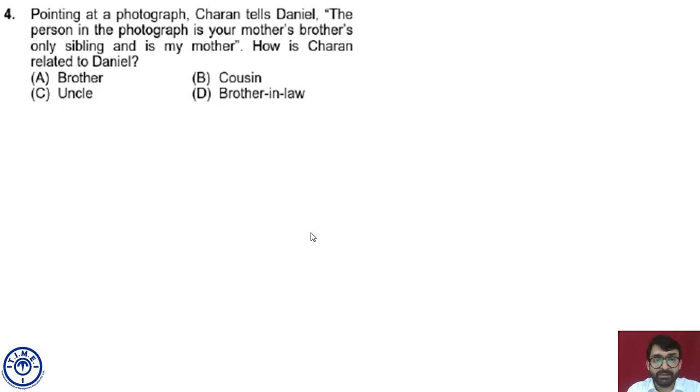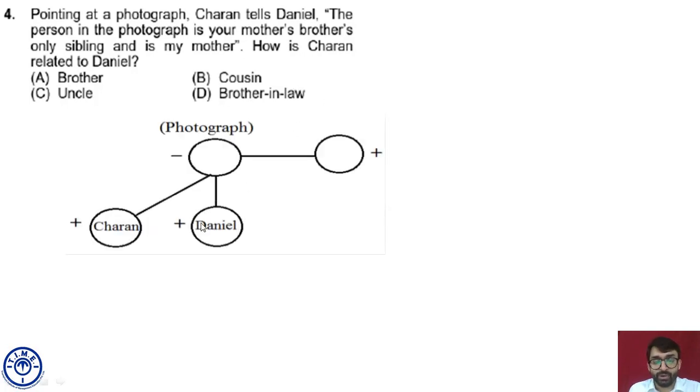Fine. So the question is, Charan is talking to whom? Daniel. Charan told Daniel that your mother's brother's only sibling is in the photograph. That means the person in the photograph is the mother of Daniel.